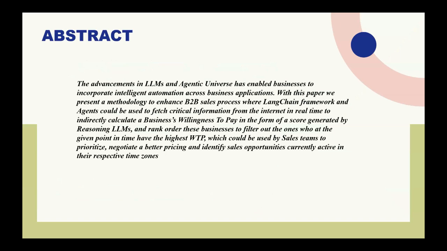By action, I mean it can either go and crawl the internet, or it can go and log into websites and start extracting stuff, etc. And very recently, you would have heard about Operator being launched by OpenAI. I think it's yesterday's news. Operator is kind of an LLM that will sit inside your browser and it can do activities for you. So Agentic Universe is something that has multiple use cases, and we will be talking about a specific use case to extract the willingness to pay.